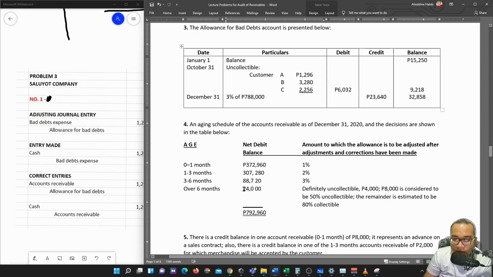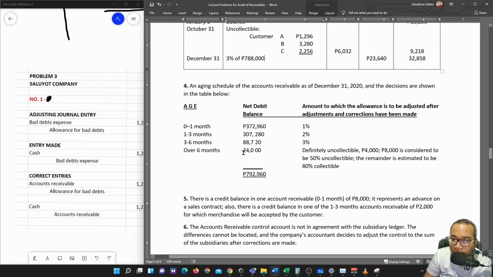And sa over 6 months, itong 24,000, ito yung additional details: 4,000 uncollectible na. Yung 8,000 naman, 50% collectible. And yung remaining, which is 12,000, 80% na lang yung collectible. Kung saan yung total receivables for this one is 792,960.